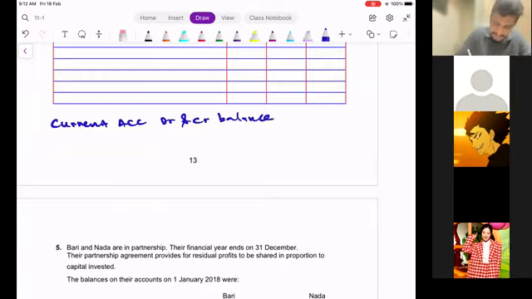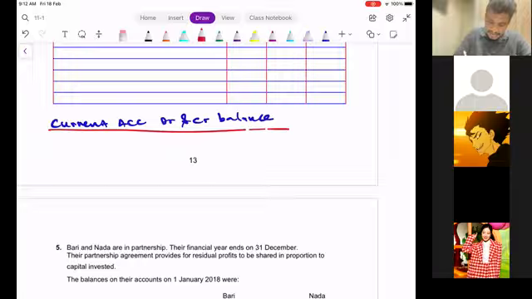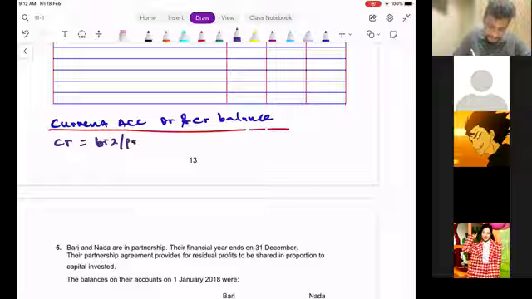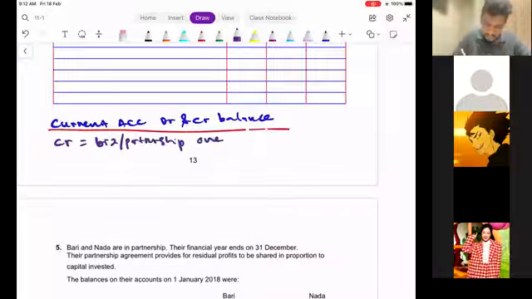You can copy this. Current account, credit balance. A credit balance is a normal balance, for the business or partnership or the partner.